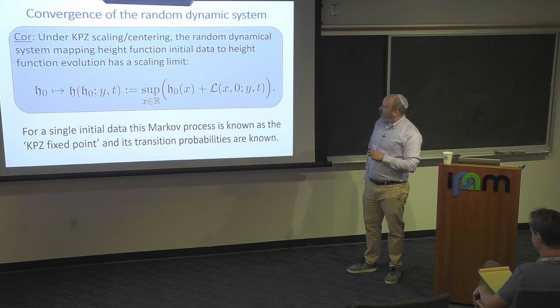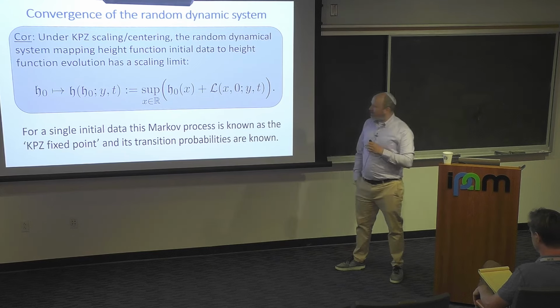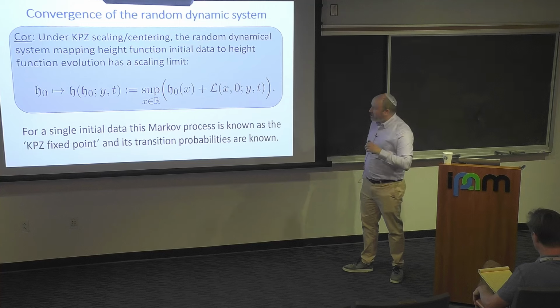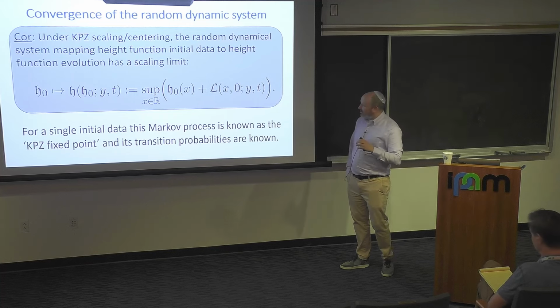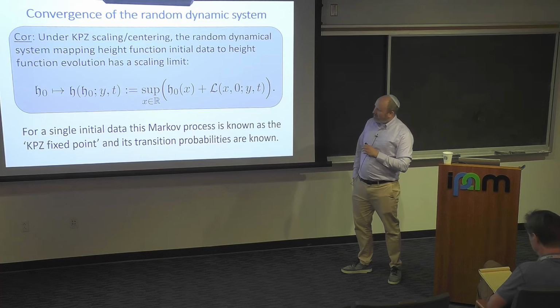Okay. How does one show these results? So these are really corollaries of this special Airy sheet convergence, and the idea boils down to the use of a one-sided variational representation that holds for ASEP.